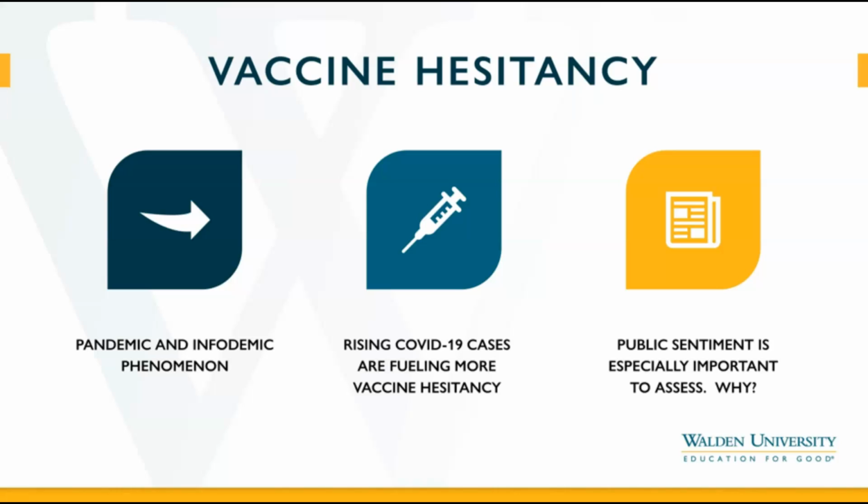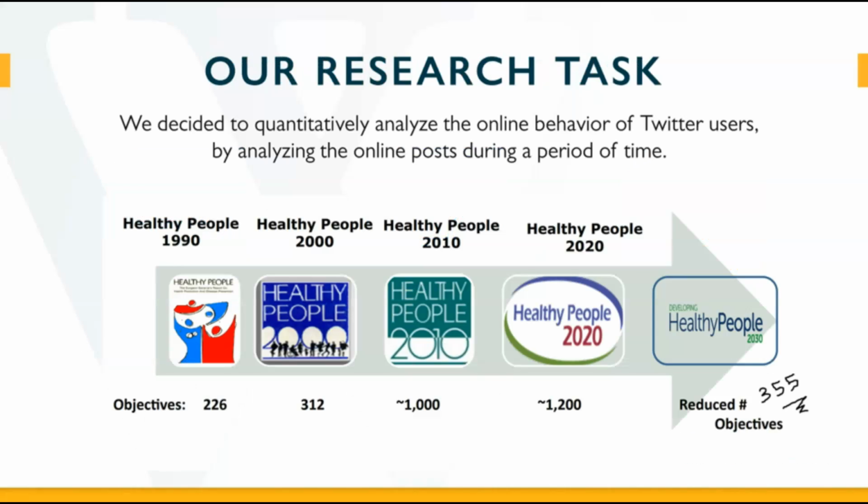So if we think about how we can make sense of this a little bit more, let's also think about what is going on simultaneously at a policy level. We decided to quantitatively understand and analyze online behavior by understanding what Twitter users have to say.